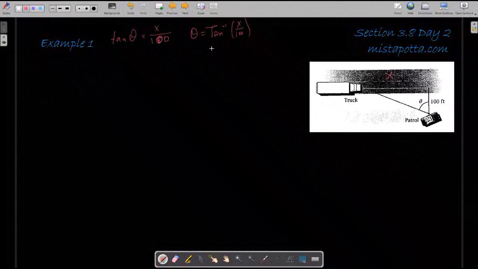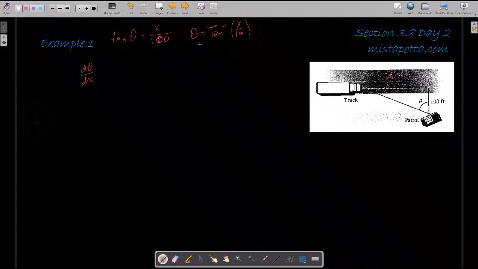Keep in mind that I'm trying to determine how fast the truck is going. So I really need to figure out how fast theta is changing. And so I really want to find d theta dx, the rate of change in theta with respect to x, the distance of the truck.